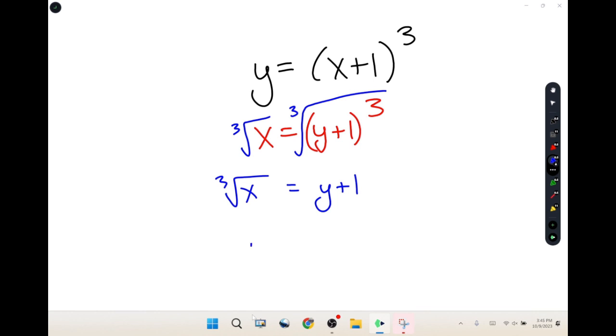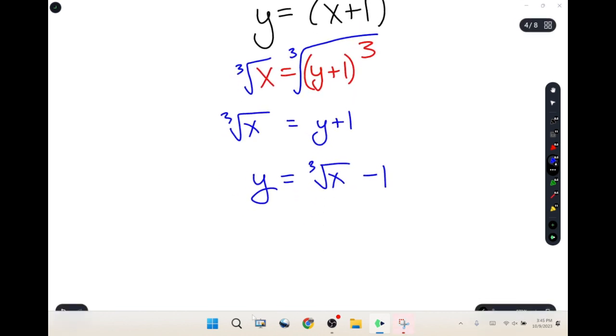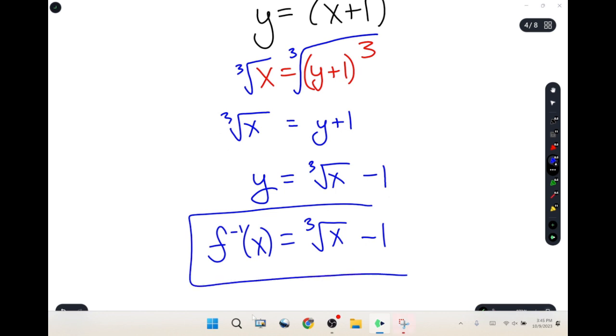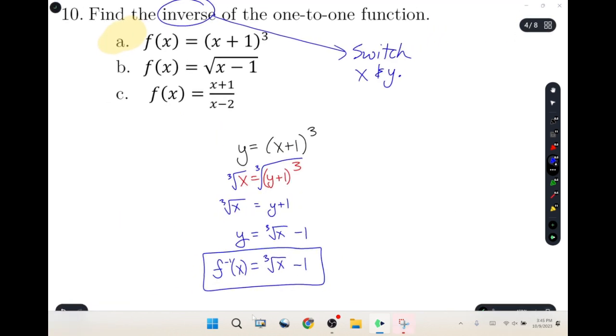Subtract 1 from both sides. y equals cube root of x minus 1. And then we don't leave it there. We write it f inverse of x equals. Boom. Cool? Did it ask us to find the domain as well? Nope.